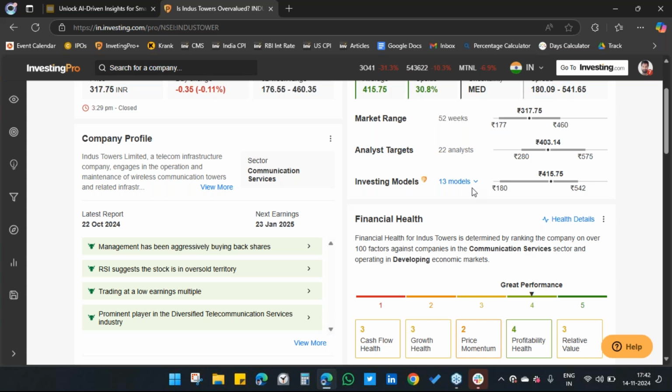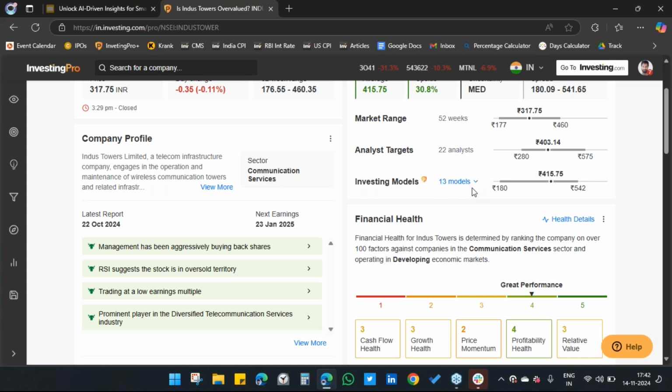So what happens? Some models might throw a very low value. Models might give you a very high intrinsic value. So what does fair value do? It takes all those values and takes an average of them, so that gives you a more workable and realistic intrinsic value, and also it helps you to negate extreme values.